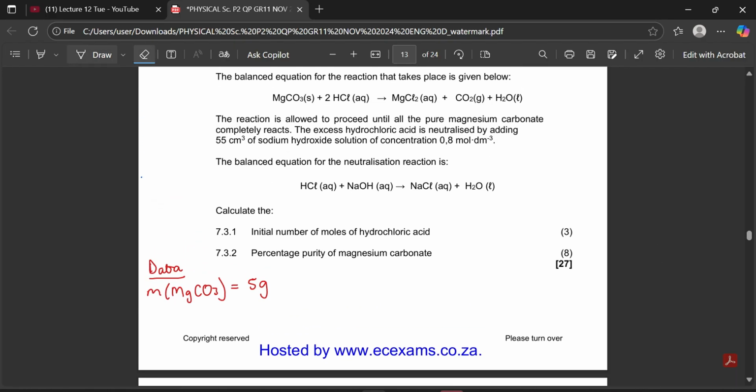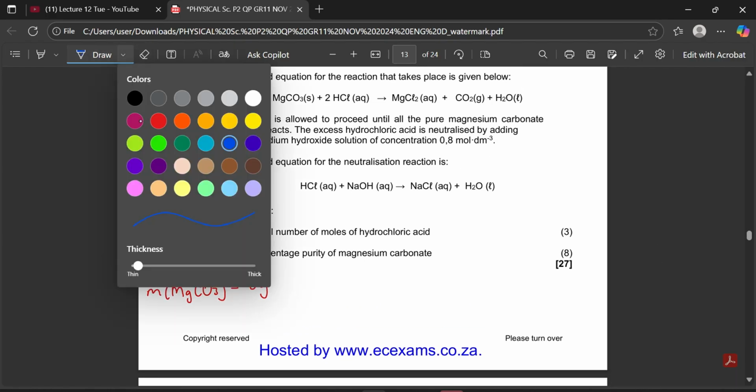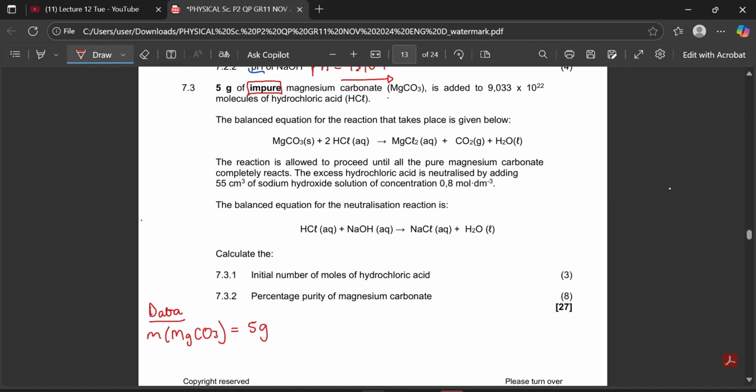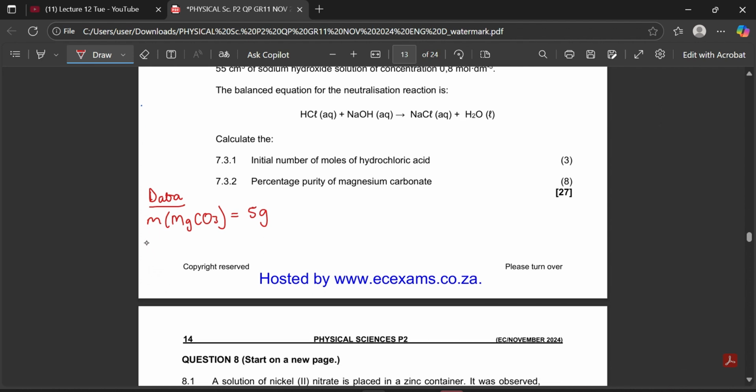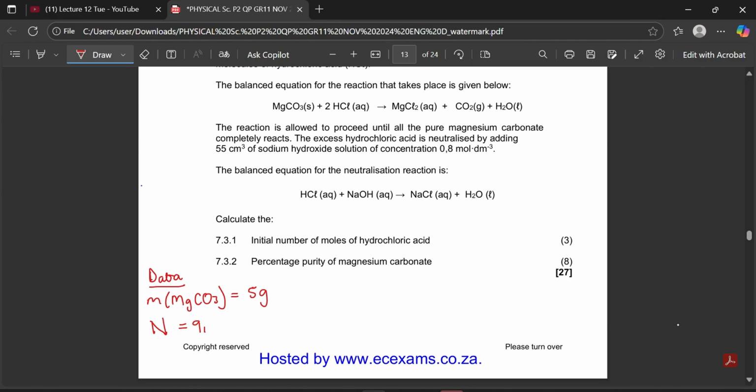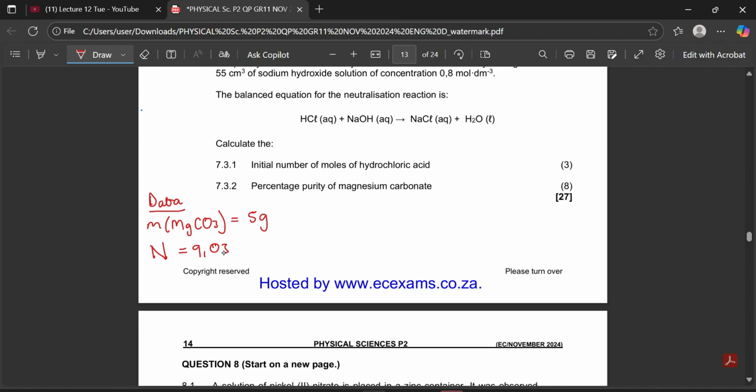Okay. So we have our mass, and what else do they give us? They give us the number of molecules, which is exactly 9.033 times 10 raised to 22.